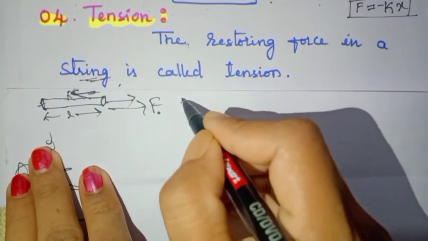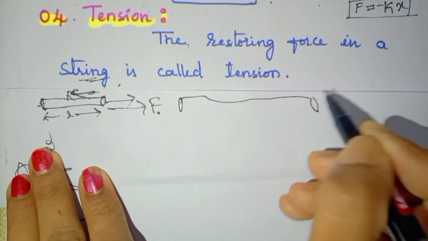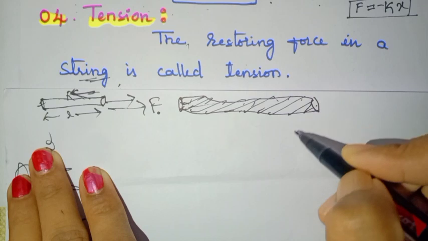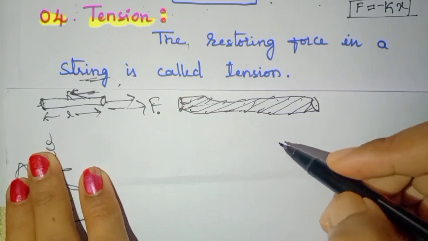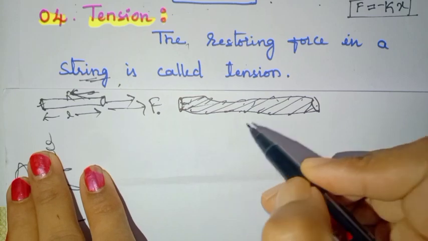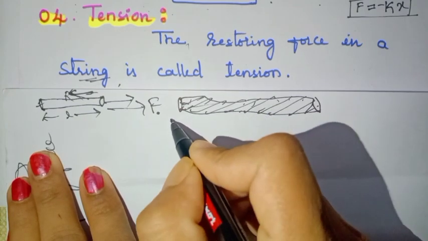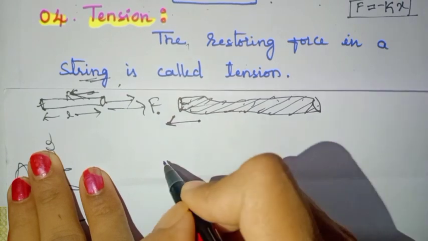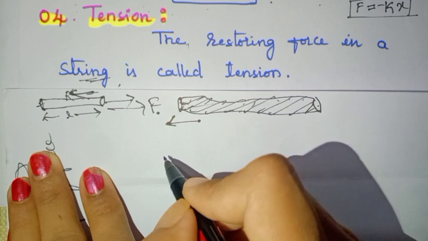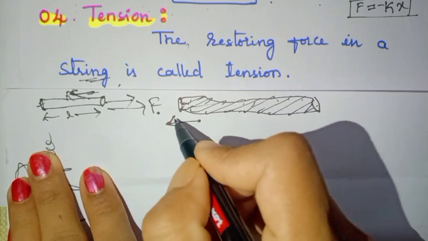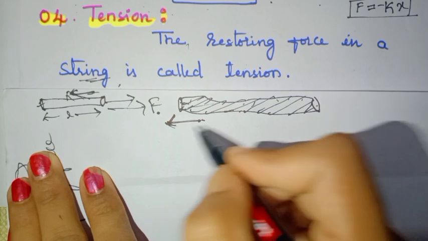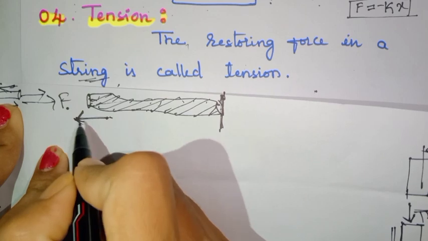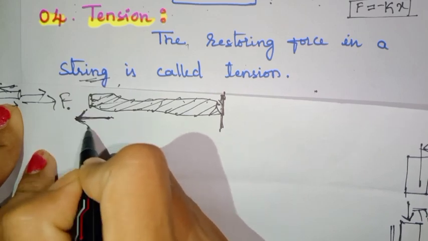For example, you will be having certain ropes, right? I have drawn it like this. Ropes will have many layers, or whatever the rope material you are having, those layers will be there. In case any person is pulling the rope in this direction, and the other side is fixed to a rigid support, now we put the force in the direction opposite to the rigid support.